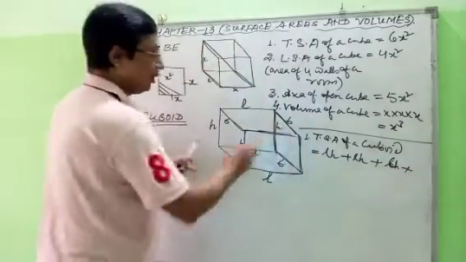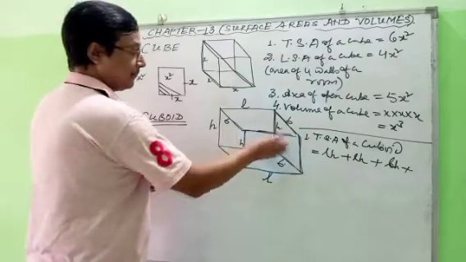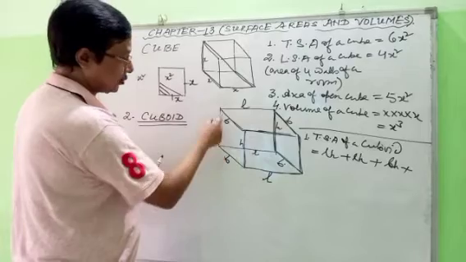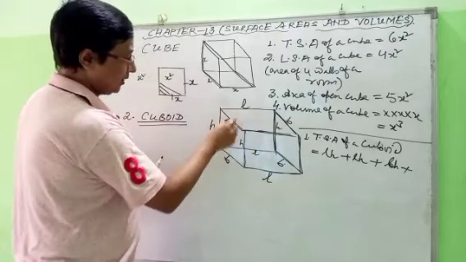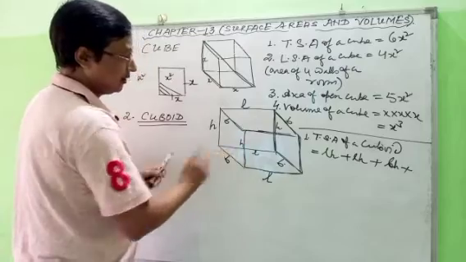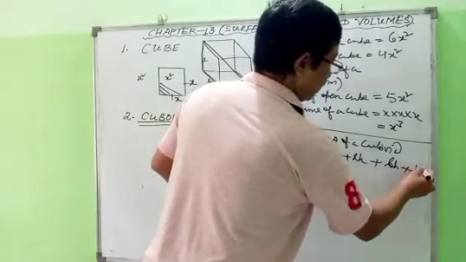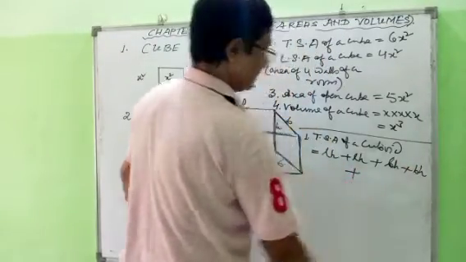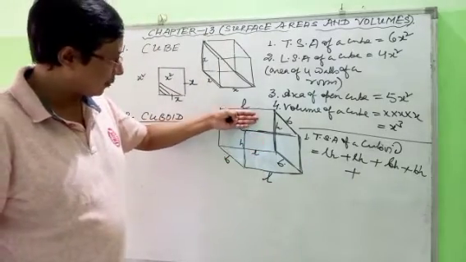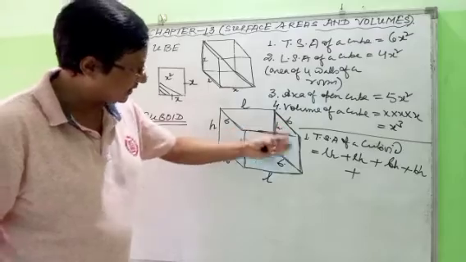Then you have got the opposite face. So the area will be the same. So breadth into height. So here this is breadth, this is height. So here you have got breadth, height plus. Then you have counted this face, opposite face, this face, and then this face.